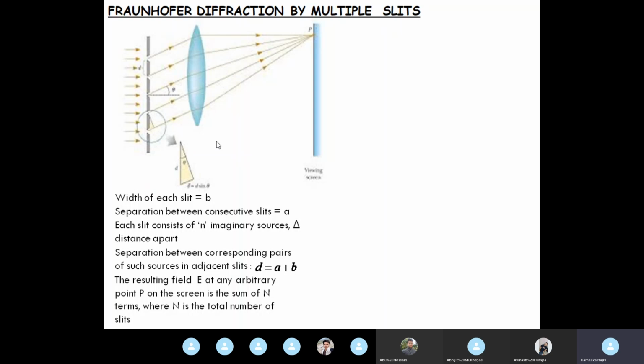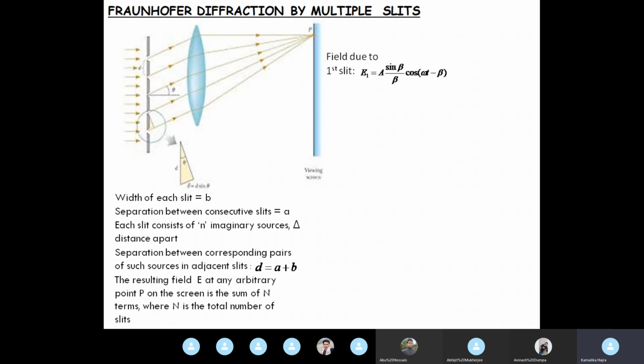Remember, in the double slit case, we had E1 coming from the first slit and E2 coming from the second slit. So here, along with E1 and E2, there will be E3, E4 and E5. So the resultant field at any point P will be the sum of 5 such terms. So if there are capital N number of slits, then the resultant field at the point P will be the result of the superposition of capital N number of such terms.